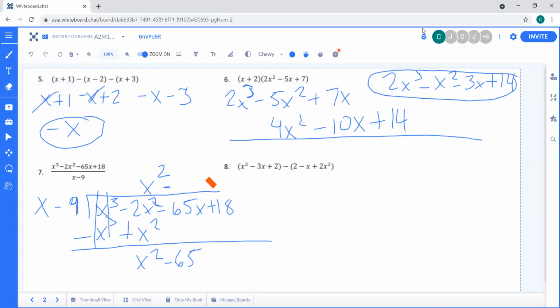Okay, so now how do we get x to be x squared? Well, positive x is x squared minus 9. We have to negate those. That leaves us with a negative 18.